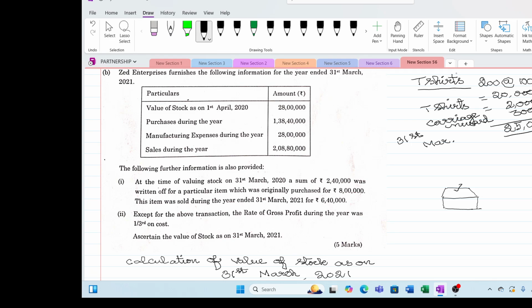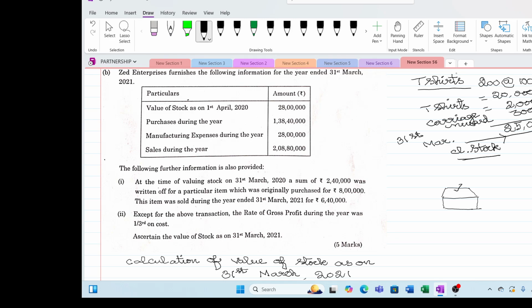Is it possible to sell all these items valuing 25,000? Can we sell everything? No. Some item may not be sold on that date of closing. That is what we call closing stock, or closing inventory. The goods that I could not sell, that is what we call closing stock.